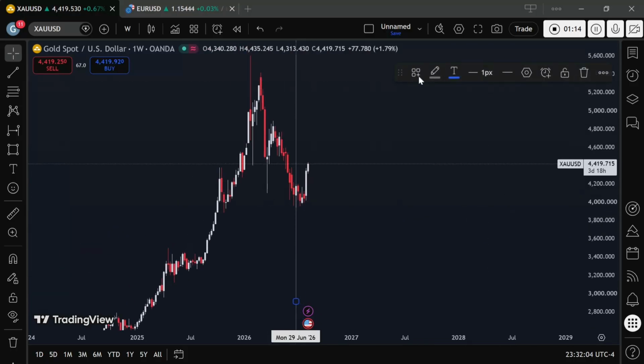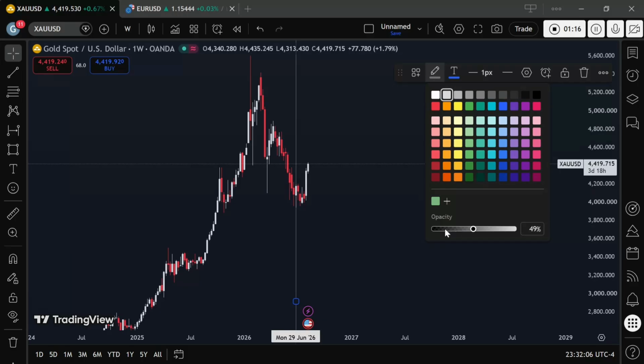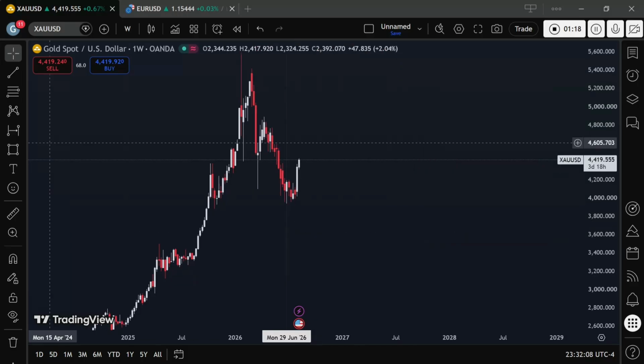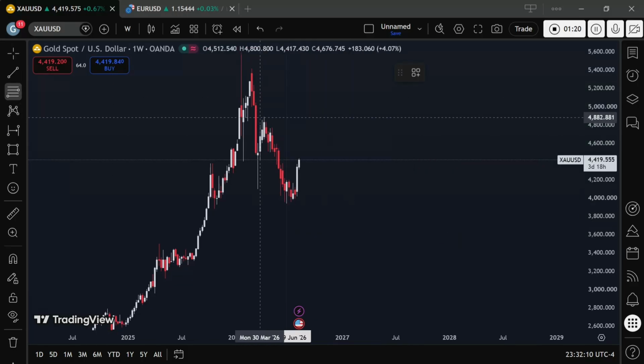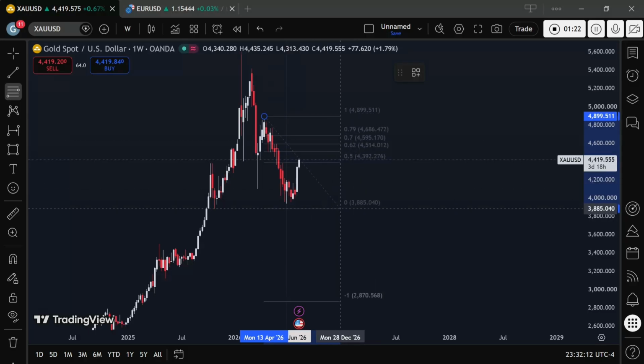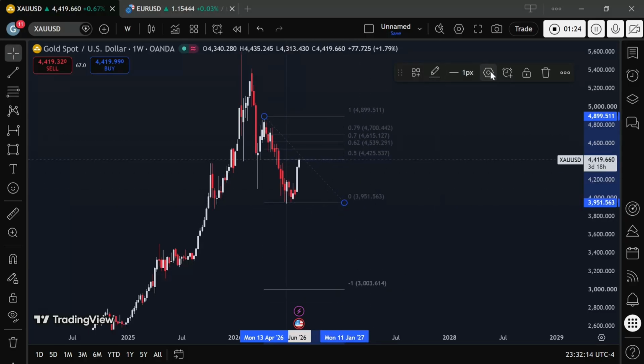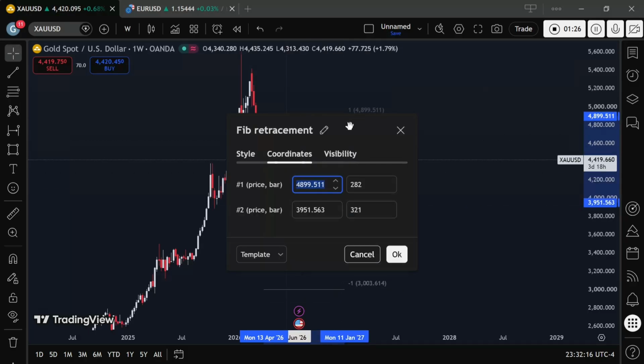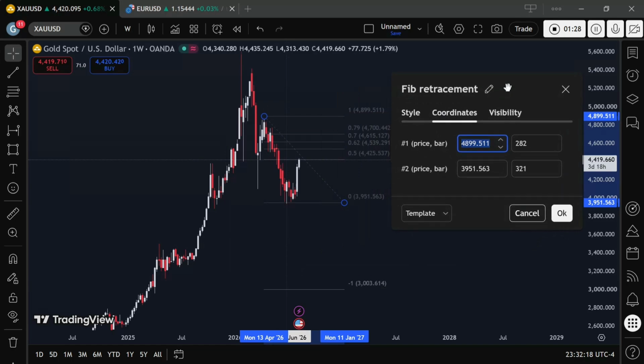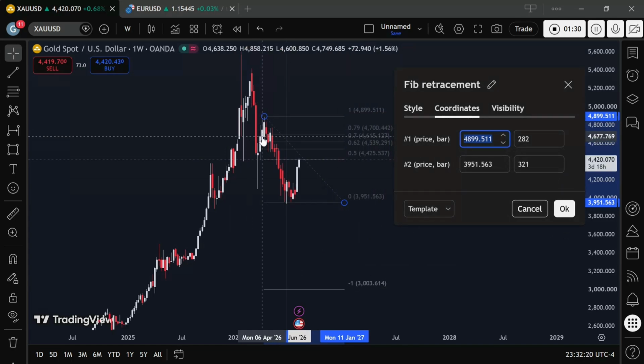Let me just dim this a bit. From this swing high to this swing low, we are going to find the optimal trade entry for sells, where price might stall a bit.